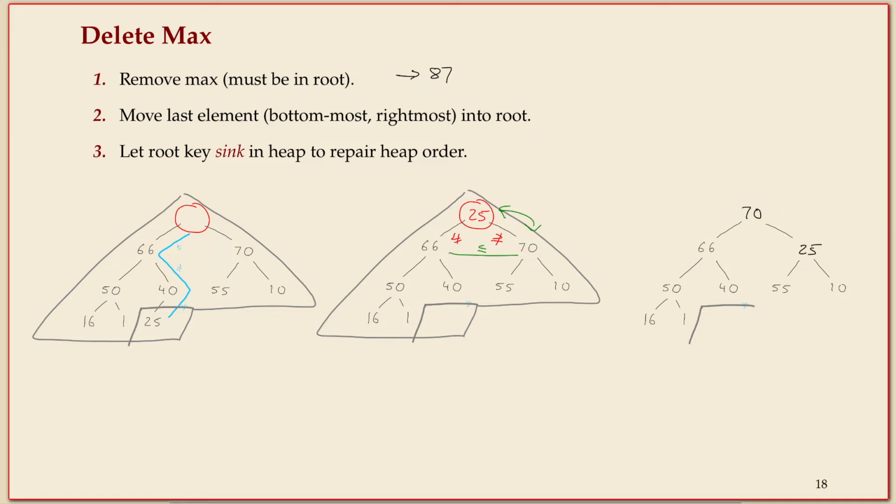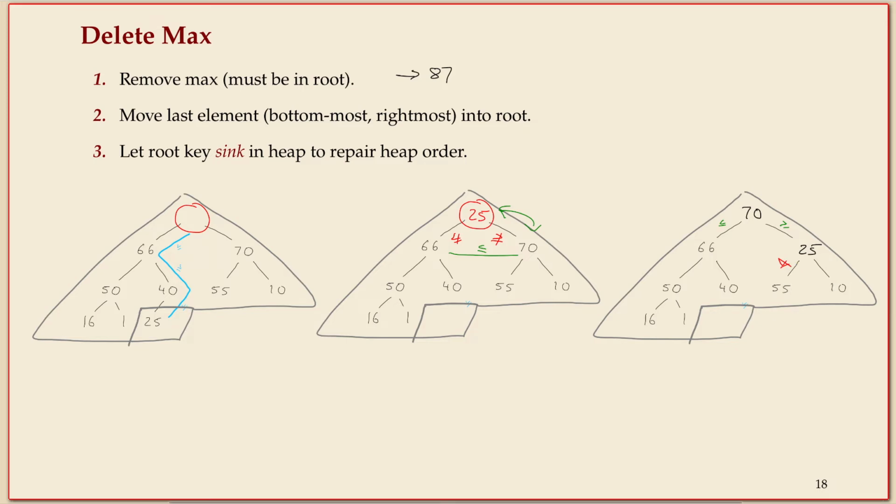Oh, one too much. We fixed this one, we fixed this one. But we potentially created trouble because we replaced the big element by a small one. And this time the invariant is not going to save us yet. And indeed, we have a violation here, right? So we have to keep going, do another swap.